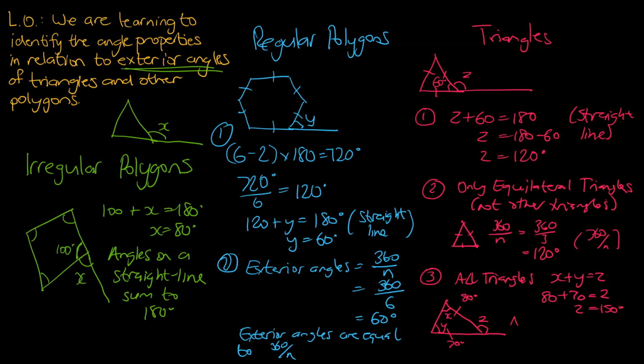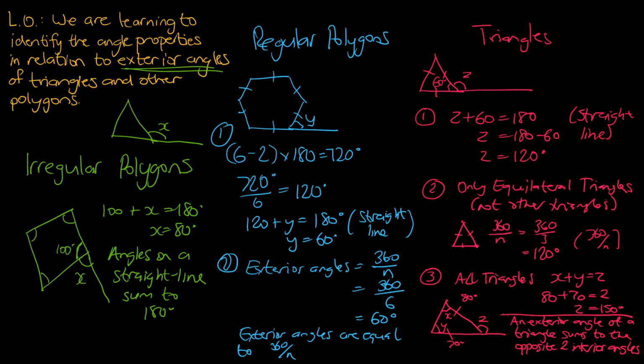And then, an exterior angle of a triangle sums to the opposite 2 interior angles. And that's good.